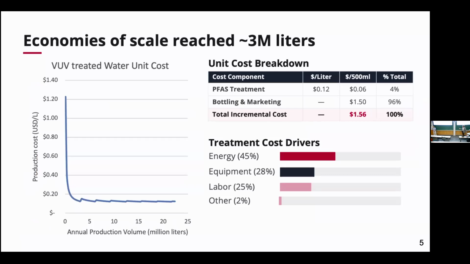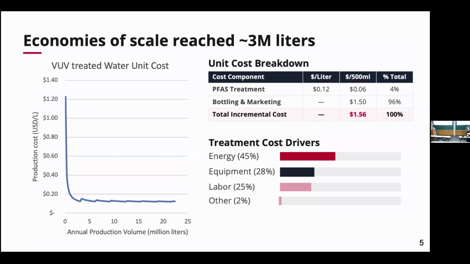This chart on the left shows the unit cost of 1 liter of water over different production volumes. So you can see, as expected, in low production with full capital costs, you have very high per liter costs. We hit economies of scale around 3 million liters per year as our process is modeled.